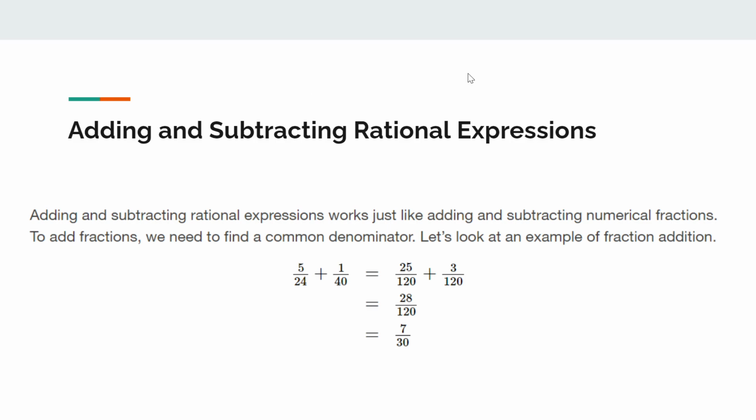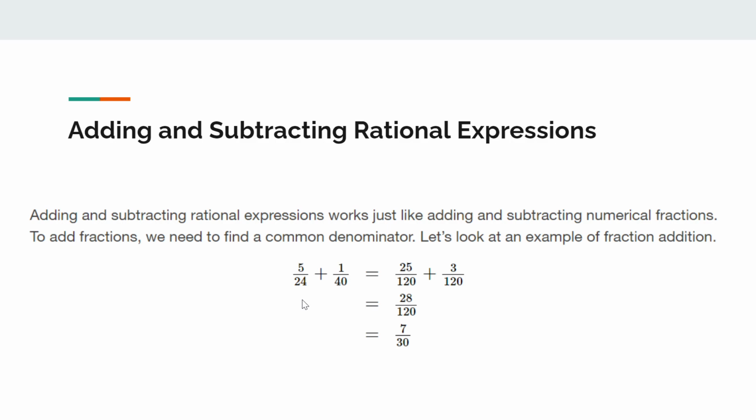First, we figure out that 24 times 5 is equal to 120, and so is 40 times 3. If we multiply the denominator, we also have to multiply the numerator, so that it cancels out, which means we're just multiplying the fraction by 1, which won't change its original value.